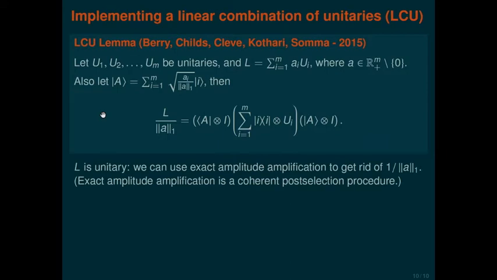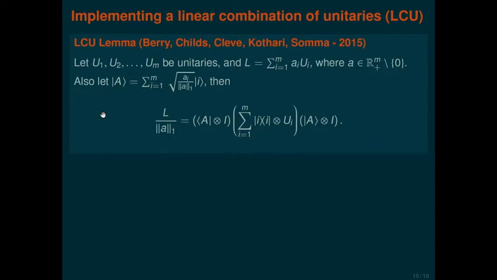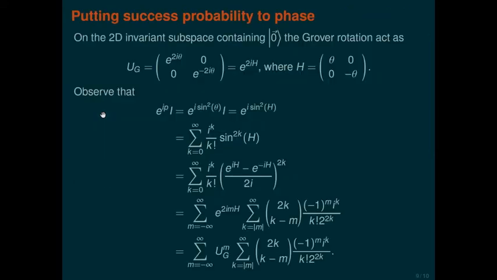And so we can use this trick in combination with the LCU lemma, so that the previous decomposition into a sum of unitaries can, after amplification, give me exactly this operator which I needed.